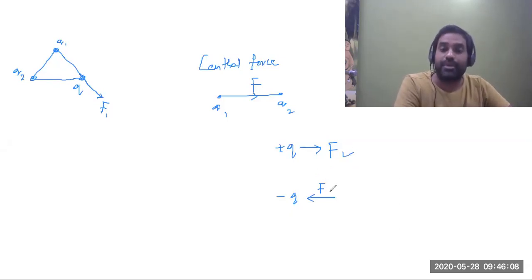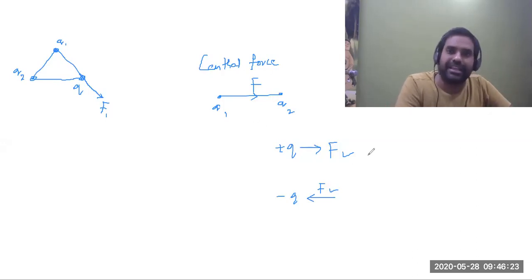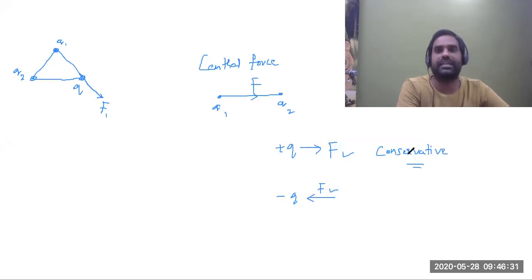Okay, students, because force is a vector quantity, every time the net force is calculated by keeping vector rules in mind. It is a central force, which means it always acts along the line joining the charges, and by nature it is always conservative. Just like gravitational force, electric force is also conservative.